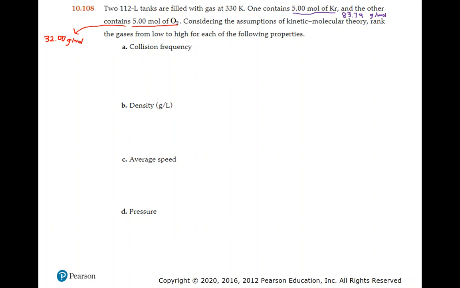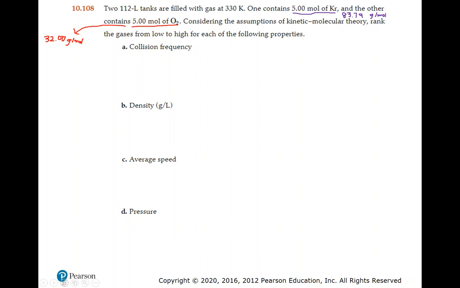Now, if these two gases have the same temperature, then that means each particle has the same average kinetic energy in both the krypton and the oxygen tanks. So if they have the same amount of kinetic energy, but one consists of much heavier particles, the one with the lighter particles, those particles on average are going to be moving around a lot faster than the heavier particles in the krypton.